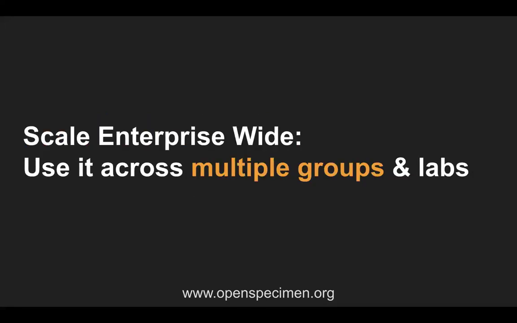This is especially true in cases like Indiana University, where there are a large number of users and a large amount of specimens. Even in smaller biobanks, you might start with one biobank, but tomorrow you should be able to add multiple biobanks. Some other group says, okay, we are also interested in this software. They should not need to procure a new license and do a new installation.